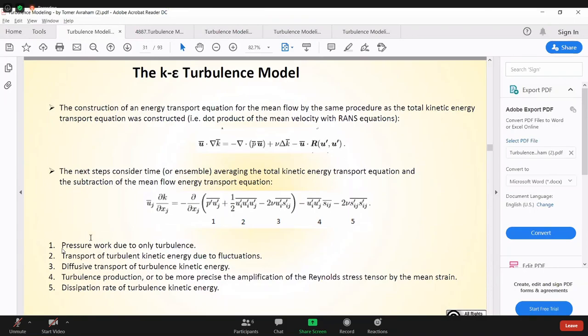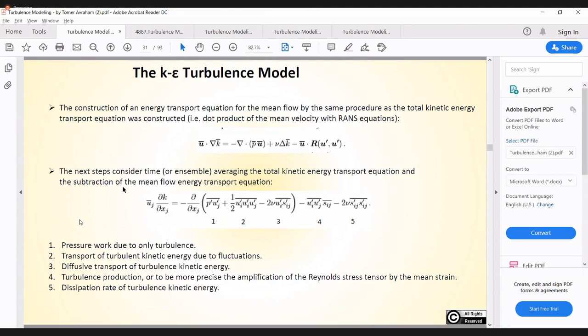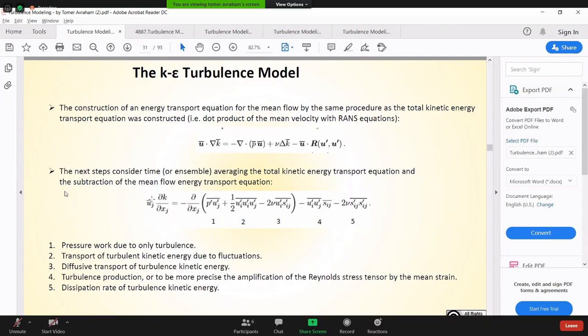I'll send it to all of you. This is the exact equation for the ensemble averaged. Actually, it's not the ensemble averaged, it's the time averaged.